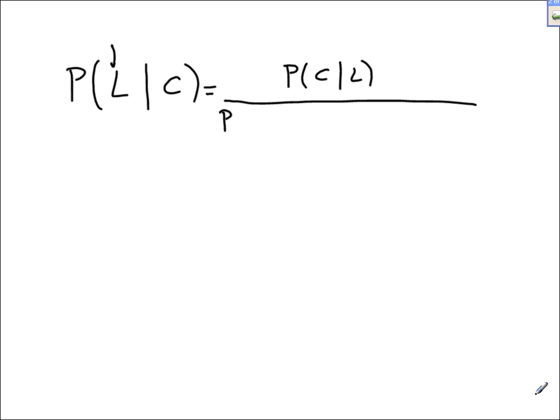In the bottom, we put all types of these: small, medium, and large. If they were sodas, different flavors of sodas, then I would put the probability of clothing given the first type of soda, plus the probability given the second brand of soda, plus the probability given the next brand of soda.